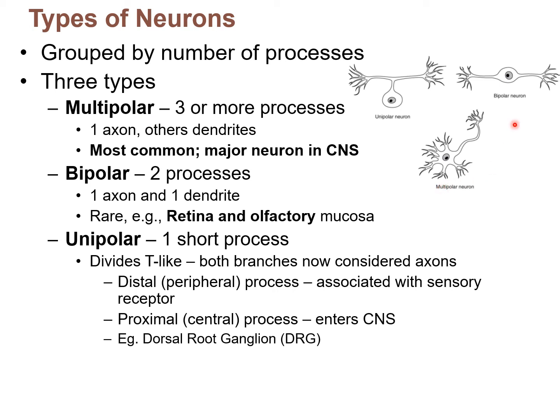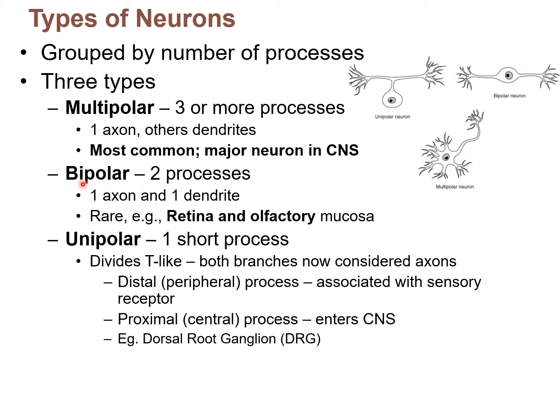But what about something that looks like this, right, where you have your cell body and just two processes? So basically one end would be the dendrite, the other end would be the axon. There's still polarity, meaning information still flows one way from dendrites to cell body to axon, but the cell body only has two processes, one at each end.